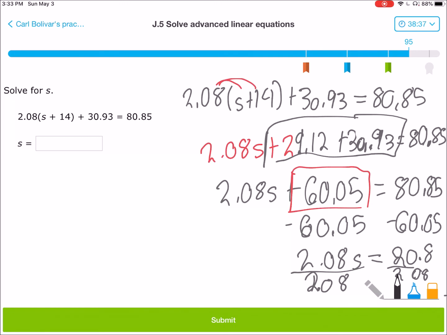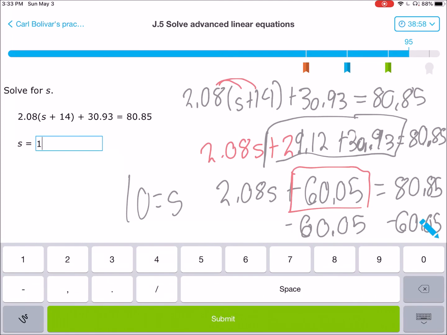Sorry, there's not a lot of room. So then when we do that, we will have 20.8 divided by 2.08. That should give us 10. So 10 is our answer. 10 is equal to s. Man, that was hard.